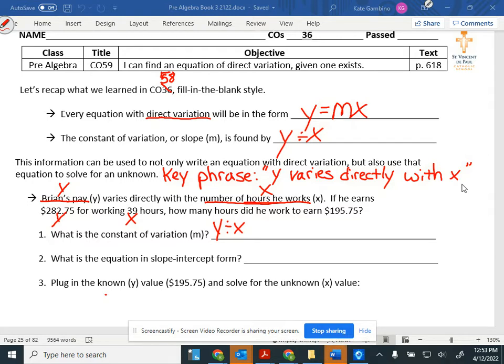You're going to put in 282.75 for y, and then put in 39. So I'm going to do my y, which we said was $282.75. And I'm going to divide it by my x, 39. What is $282.75 divided by 39? Nathan?